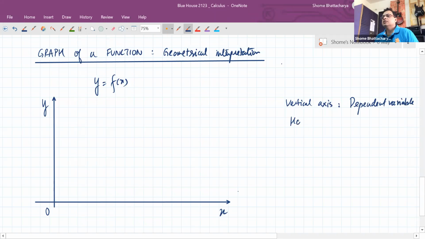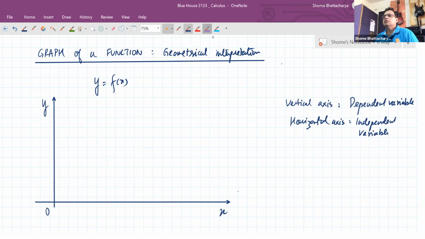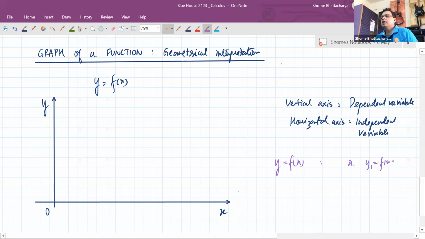So the vertical axis is for the dependent variable, and the horizontal axis must be used for the independent variable. For a given function, let's say y is equal to f(x), a crude way to understand the graph is that we can generate some values. x1 has a corresponding value y1 equal to f(x1), x2 has a corresponding value y2 equal to f(x2).